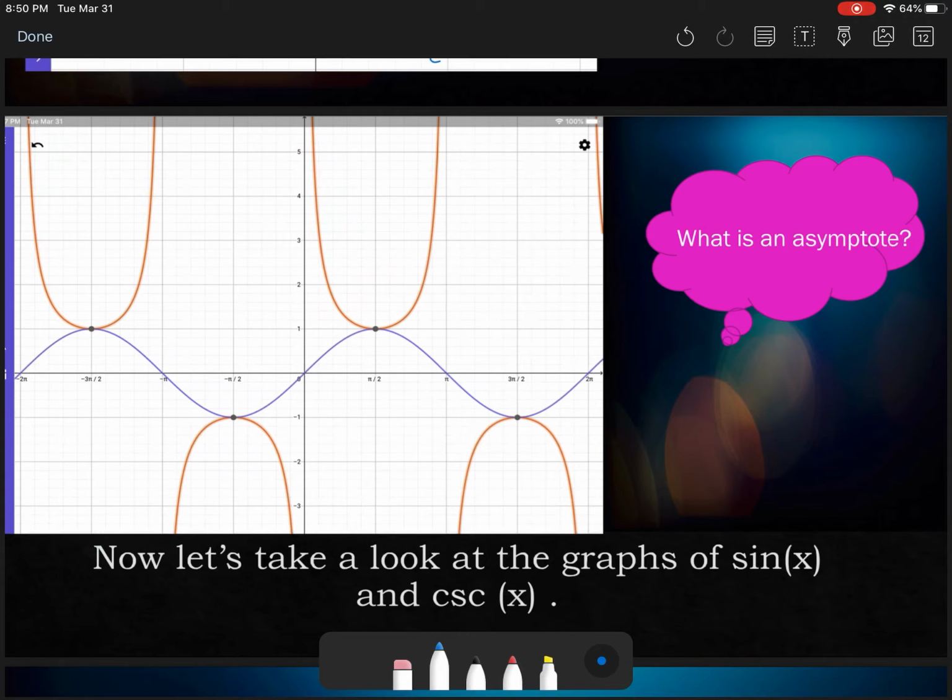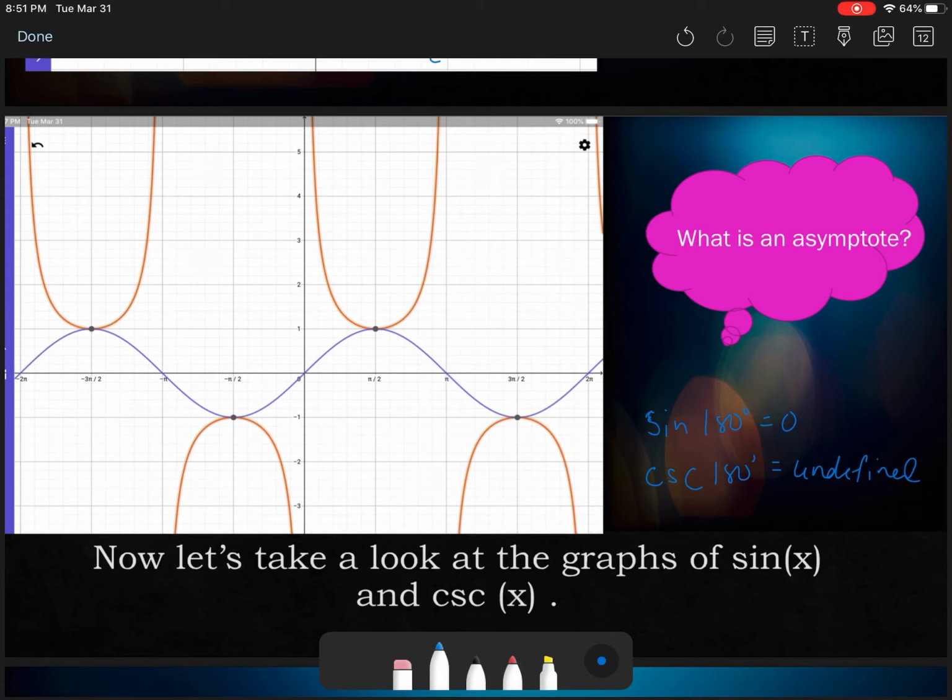Now, think back to 2 slides ago where we talked about parts of the reciprocal that were undefined. Remember that the sine of 180 is equal to 0. And because of that, the cosecant of 180 is undefined.